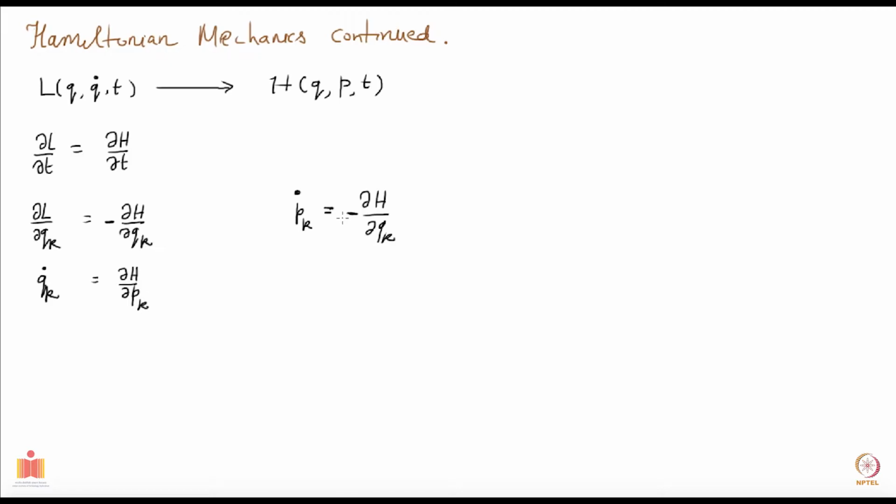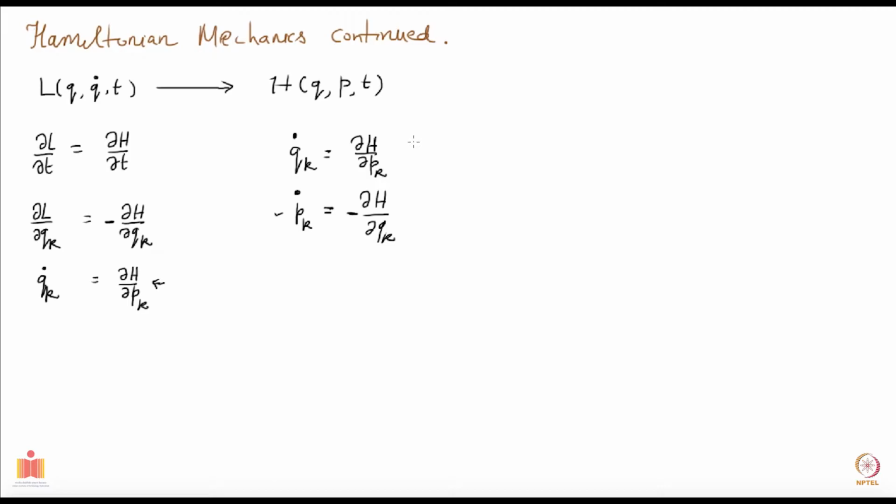And because we are treating Q and P on equal footing, we will also treat this one as an equation of motion. Remember, this one you didn't arrive at by using any Euler-Lagrange equations of motion, but in the Hamiltonian formalism we are going to treat it on equal footing with this one: Qk dot is ∂H/∂Pk. And these are your Hamilton's equations of motion.